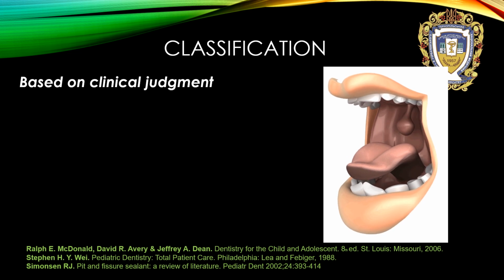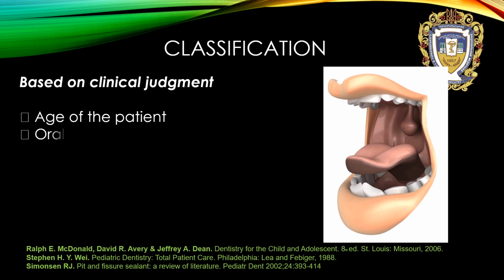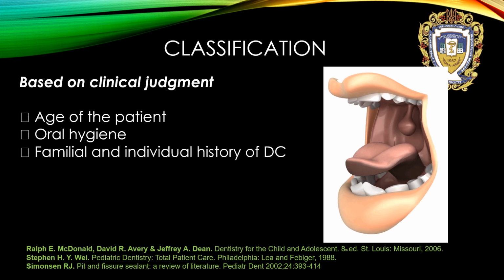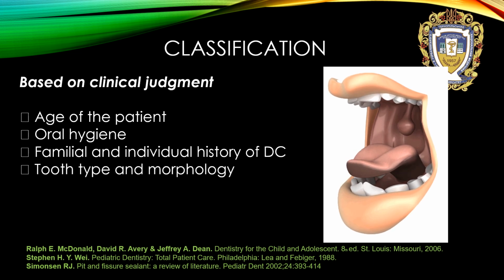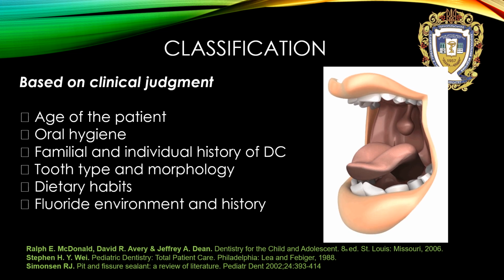Next, classification of patients for pit and fissure sealants based on clinical judgment: age of the patient, state of oral hygiene, familial and individual history of dental caries, tooth type and morphology, dietary habits, fluoride environment and history.